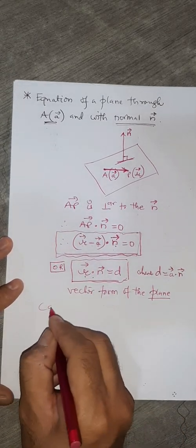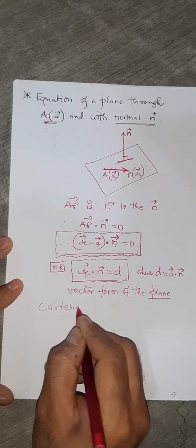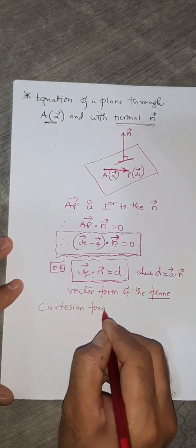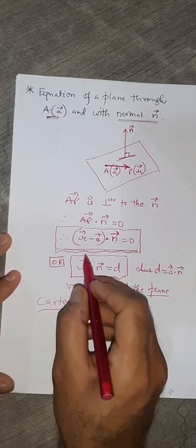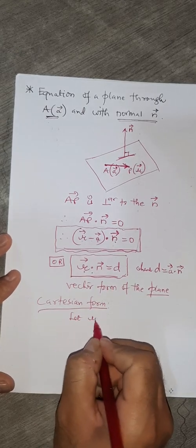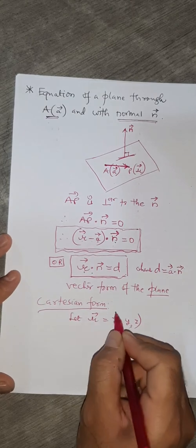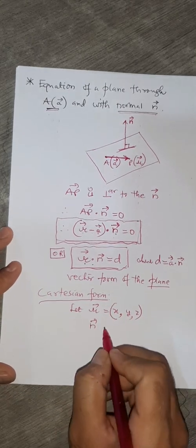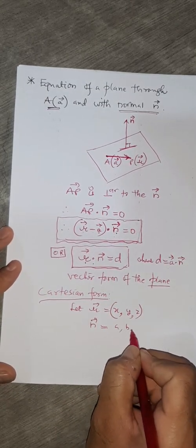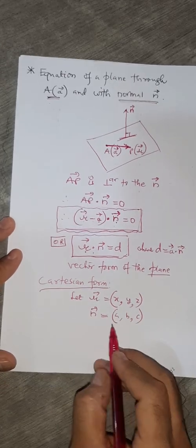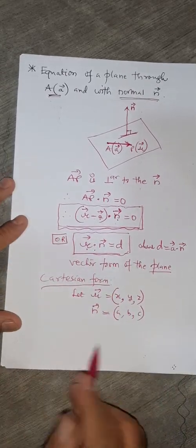And the Cartesian form, if you rewrite, as I told you, here let vector r be x, y, z, the variable point always, and normal I'll take as, for example, a, b, c. These are the components of the normal. Now use the dot product here.